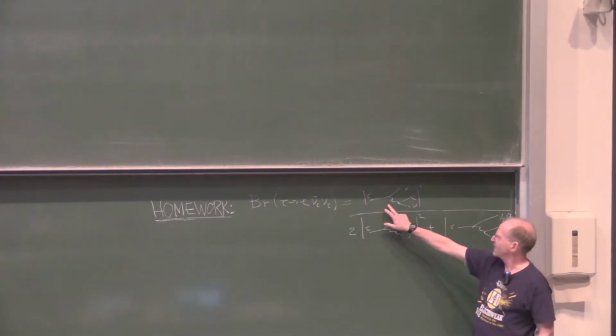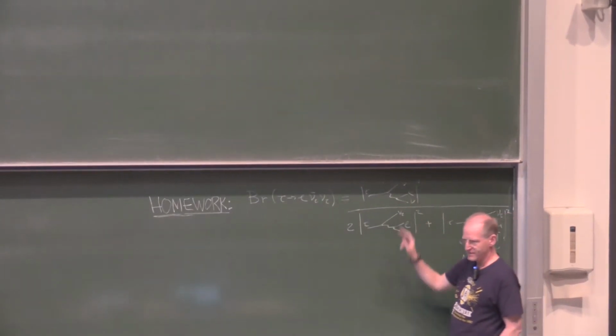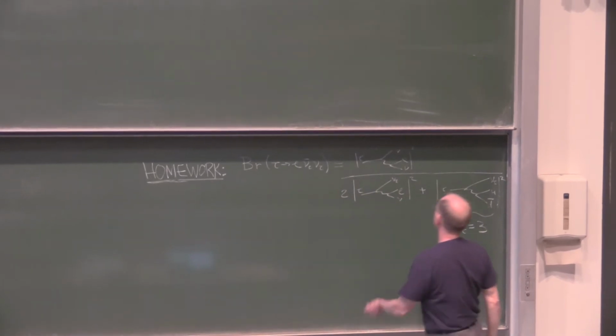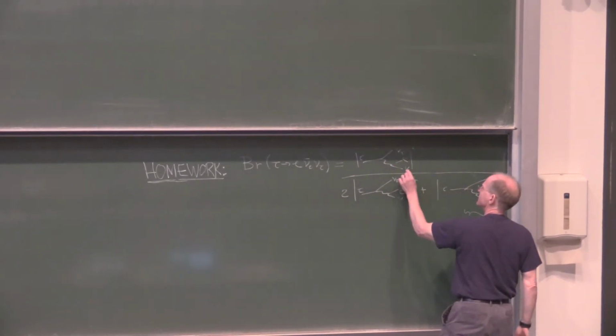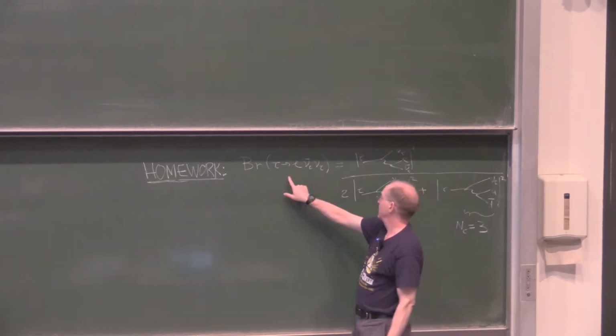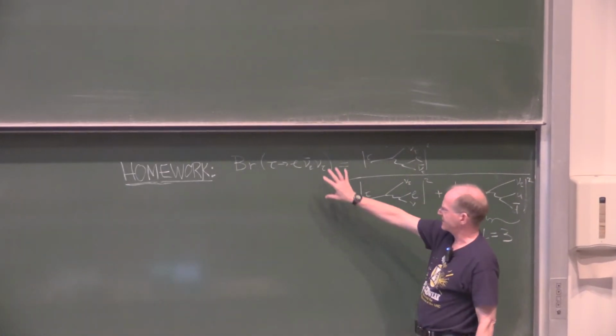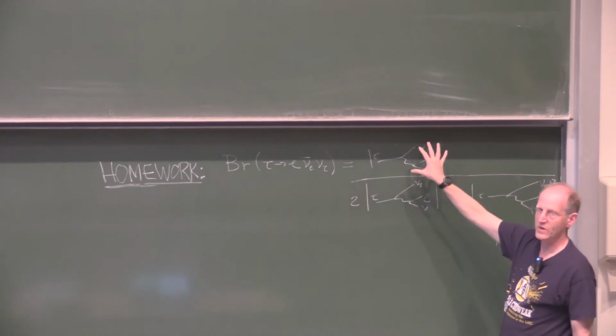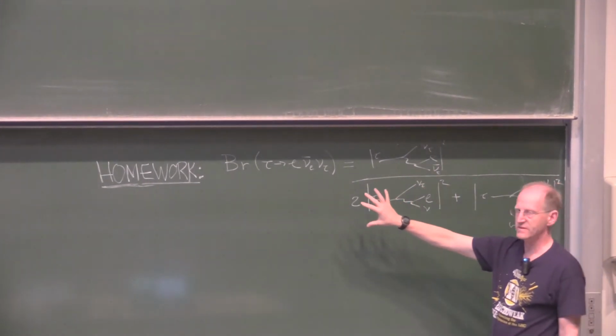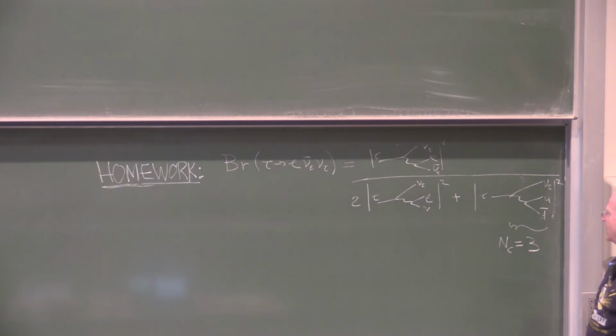This is a graph of the tau decaying to a tau neutrino and an electron and its antineutrino. And for the branching ratio, we want to take that rate or partial width and divide it by the total decay width of the tau.